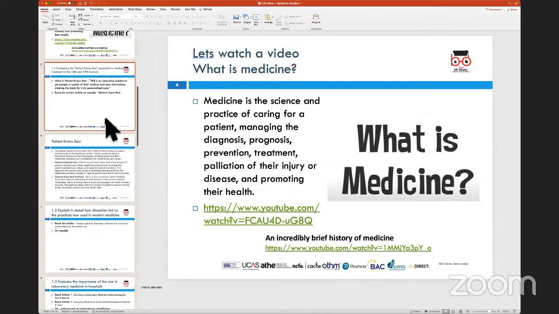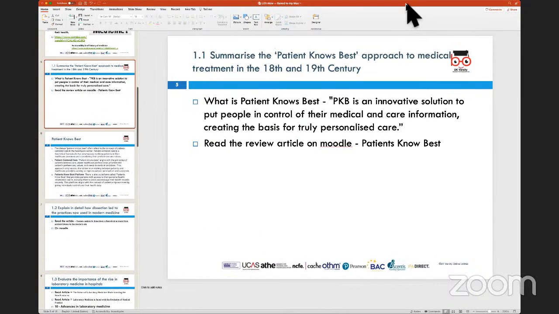Okay, let's go into some of the criteria, because we'll be discussing some of these in a bit more detail. One of the first ones that it talks about in this unit is the concept of what is called patient knows best.